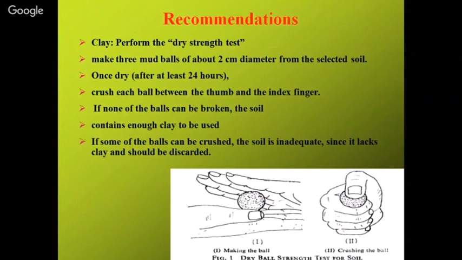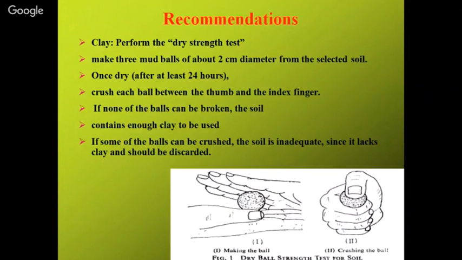What are the codal procedures to judge whether your soil is good for construction or not? As in your childhood, you used to make balls of mud, you need to make balls of the mud in the same way. After drying it in the shade, you need to crush that ball between your finger and thumb.